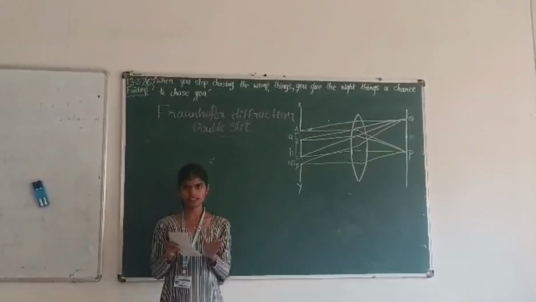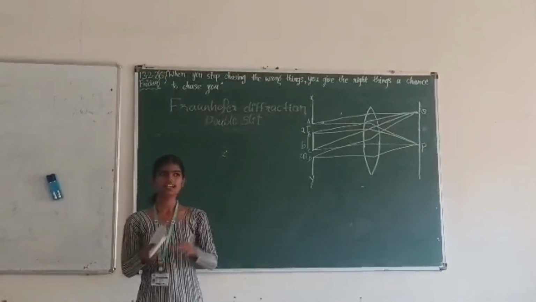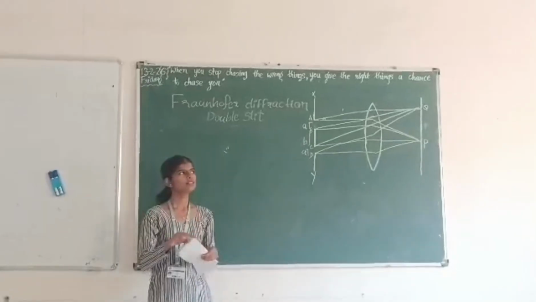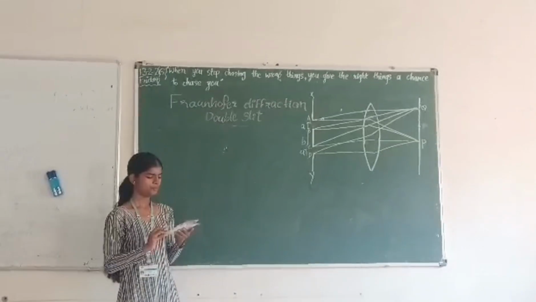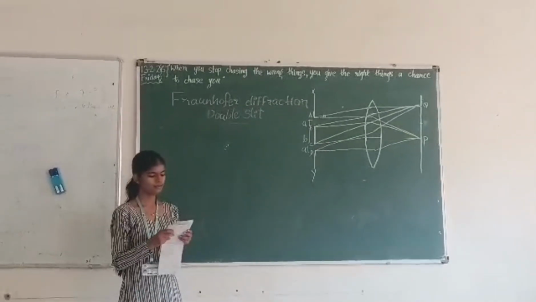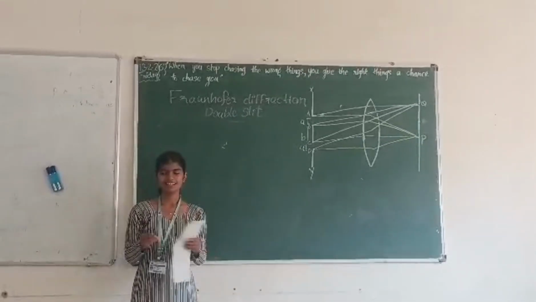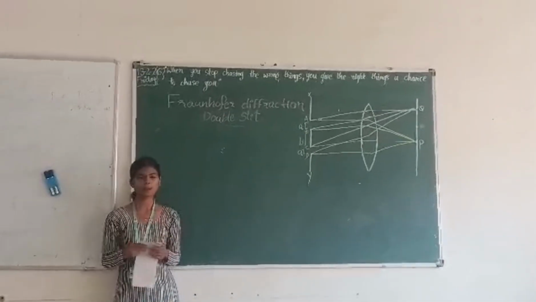Double slit diffraction is analyzed by the combination of interference and diffraction. So how do the diffraction and interference occur?